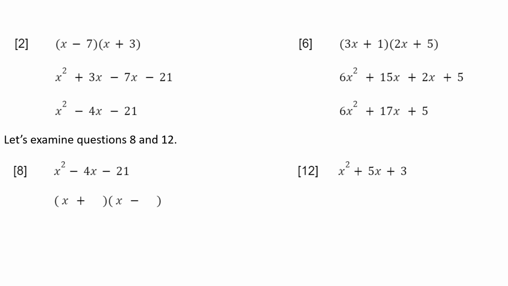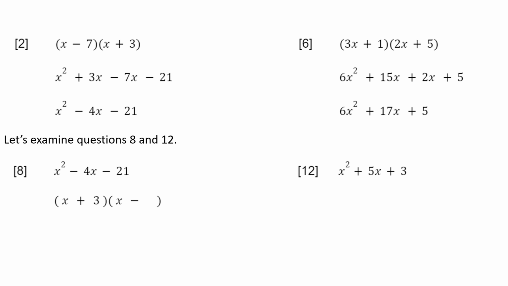Now, looking at that 21, I'm thinking, well, 1 times 21, I don't think so, 7 times 3. 7 times 3, I think, is my only good real choice, because 7 take away 3 would be 4, or 3 take away 7 would be negative 4. And it's that negative on the 4 that tells me, hey, the bigger one better be negative.